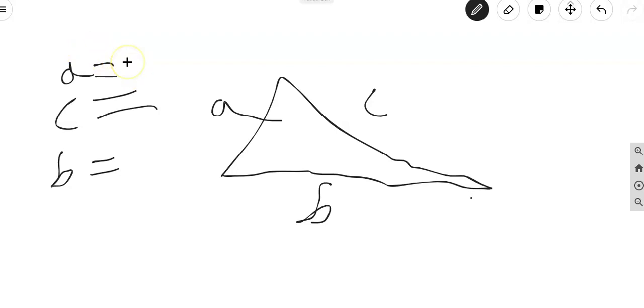So let's say that A equals 5 times 4 plus 3 times 4. And let's say that B equals A plus A.